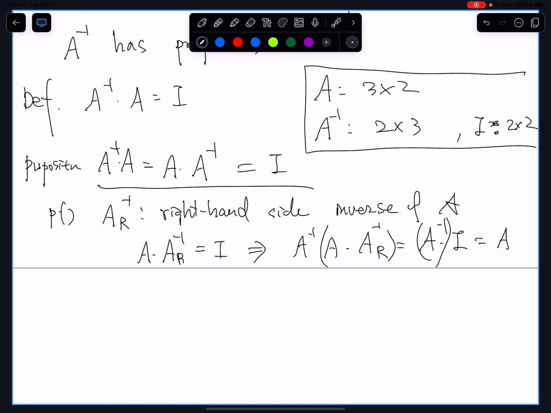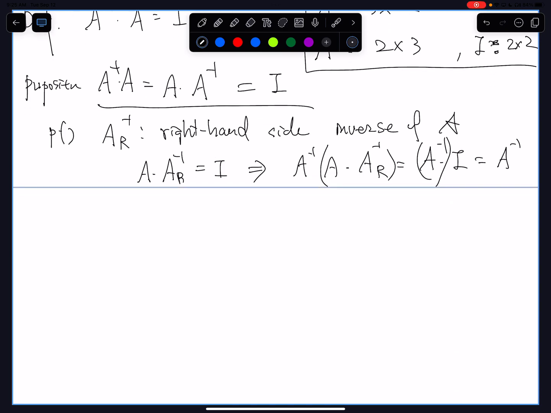Then we know that this is again A inverse from the property of the identity matrix, right? So that means A inverse times I is, no, sorry, I screwed up here. Okay. But A inverse A times the right-hand side inverse matrix is the same as this one. So we already proved that before, or we're supposed to prove it.